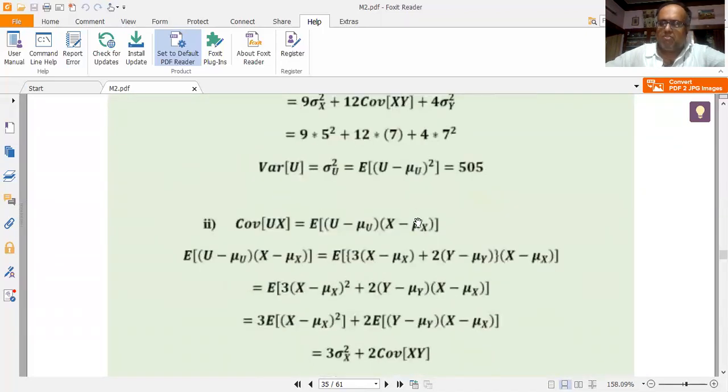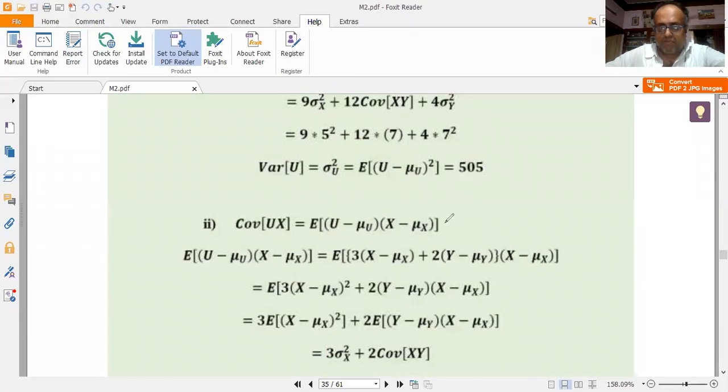Again, apply the covariance formula. Here I have to find the covariance between two random variables u and x respectively. So this is given by expected value of u minus mu u into x minus mu x. Or I can also write this as expected value of u minus m into x minus mx also. Okay, let me write that formula also, because that will not be confusing.